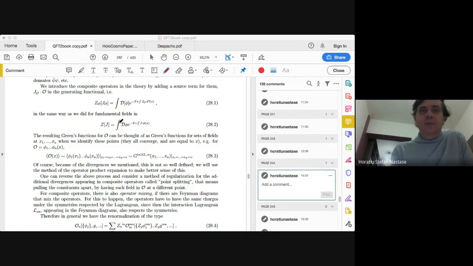So if here I take the derivative with respect to J, I get phi down, so I get the Green's functions for phi. And similarly here, I take the derivative with respect to J_O, then I get O down, sorry. So I get the Green's functions for O.